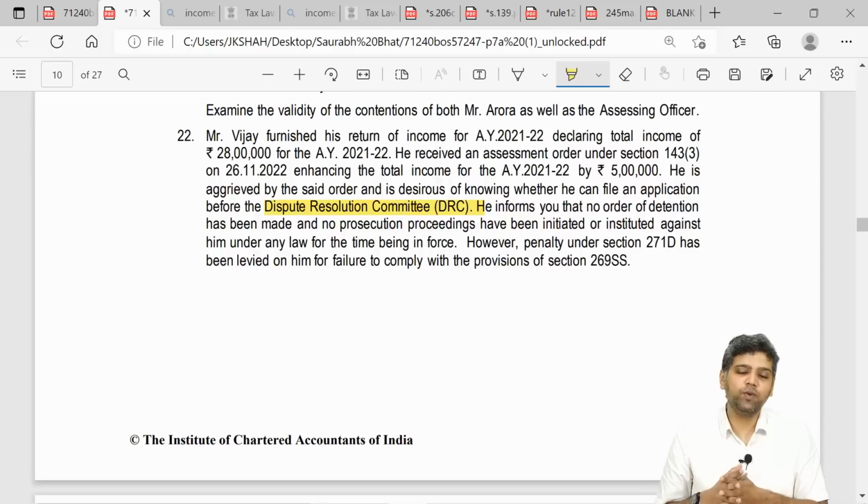And if they go to the dispute resolution committee, whatever is the outcome is binding on the assessing officer.